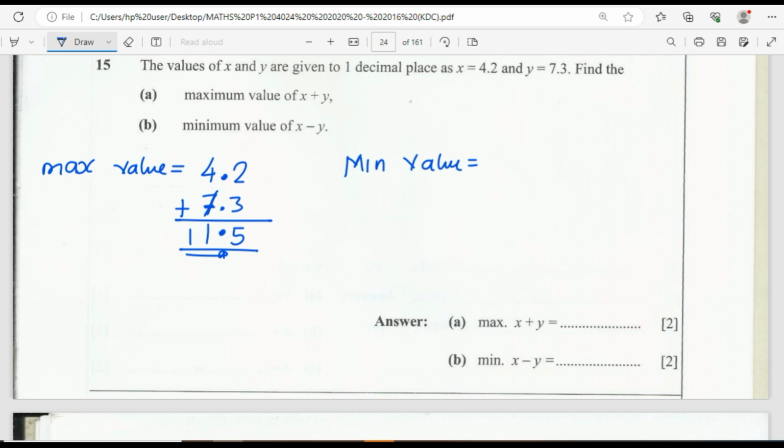We say negative 7.3 plus 4.2. Different signs, you subtract, which is giving us 1 here, so the answer is negative 3.1. That's what you're supposed to do.